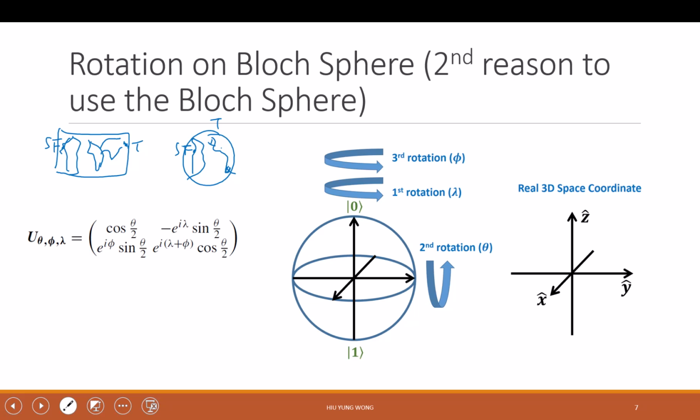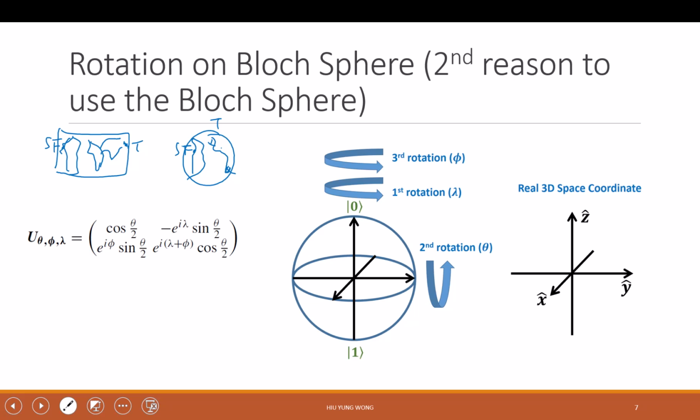In this process, in the real space, you are actually doing a circle on this sphere, correct? Here we have a space I cannot draw, which is the 2D compressed plane. And when I say the state rotates from here to here, it has its own path in the 2D compressed plane.